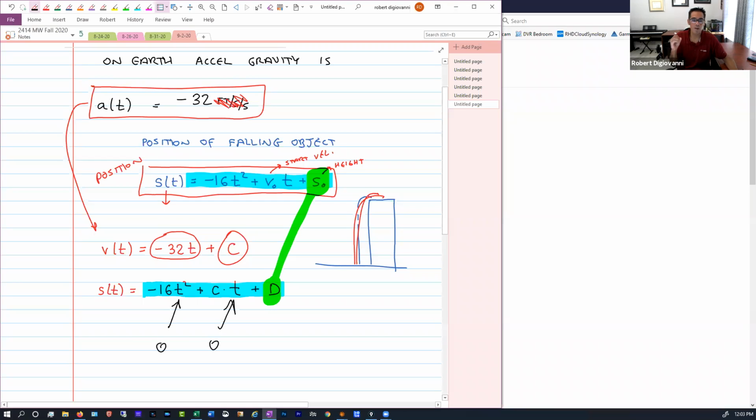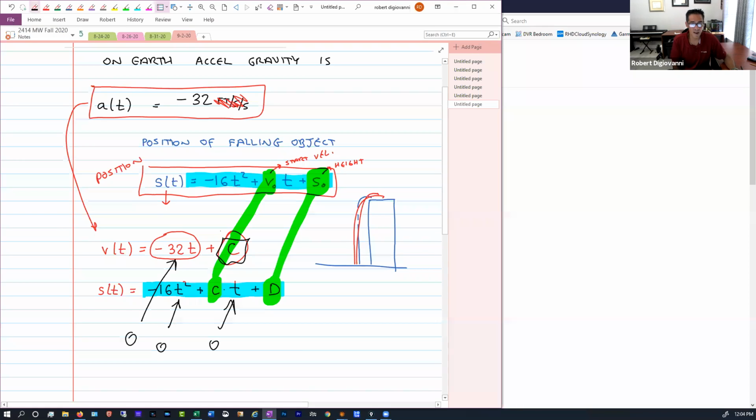So that should be how high you are at 0 time. This is your starting height. Also, this v naught, this c right here, that is your starting velocity. How do you know that? Again, plug 0 into velocity, the c is still there, so that should be your velocity at the beginning.